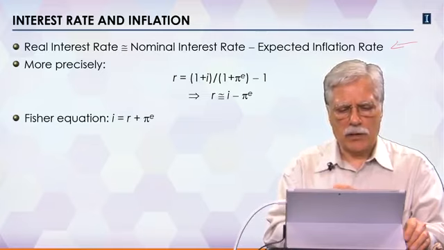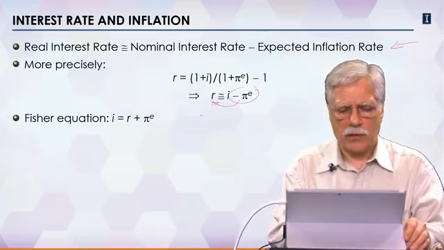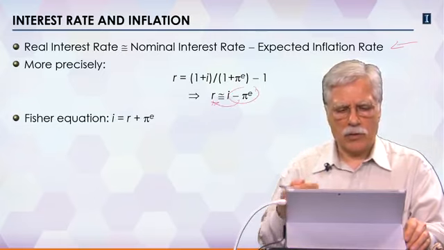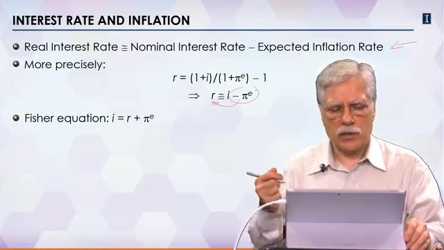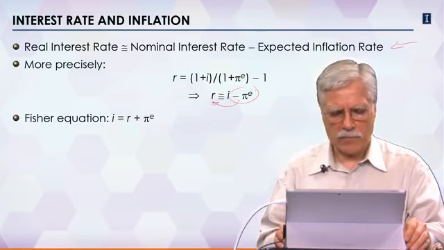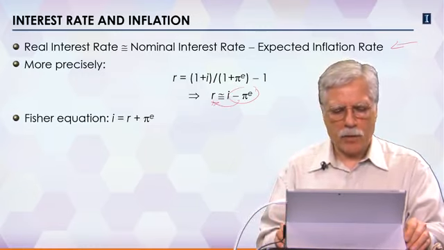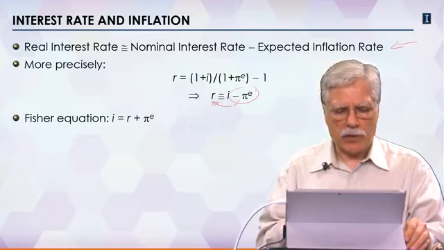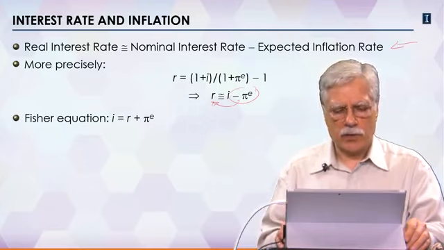Start with interest rate in nominal terms and move the pi e to the other side, so you get nominal interest rate equal to real interest rate plus expected inflation. This equation, the way I've written it, is known as the Fisher equation. It's interpreted in the following way.